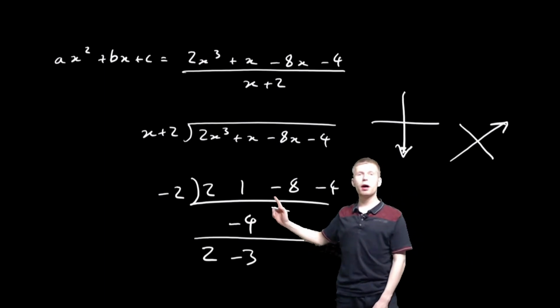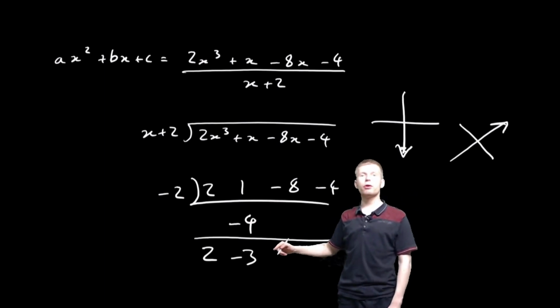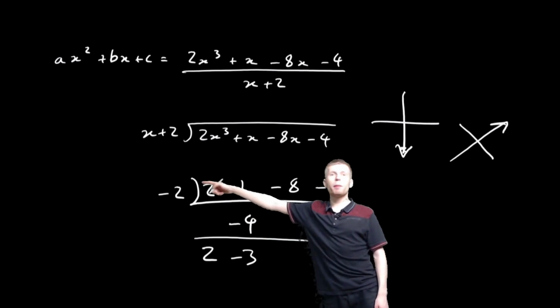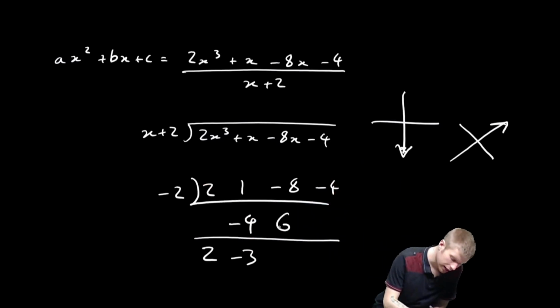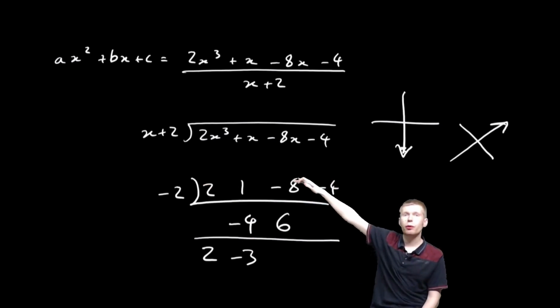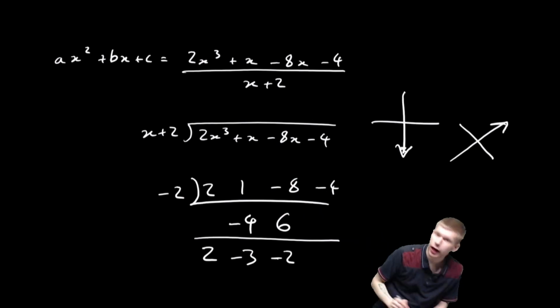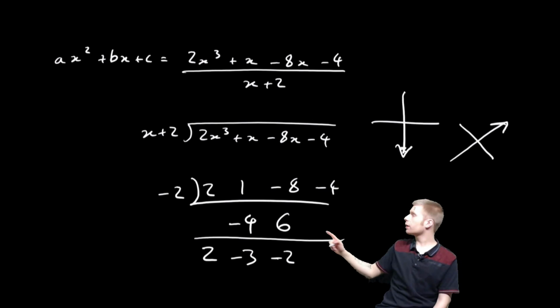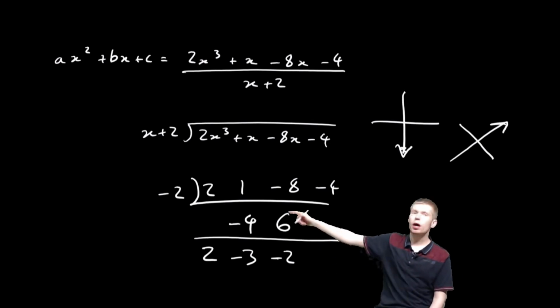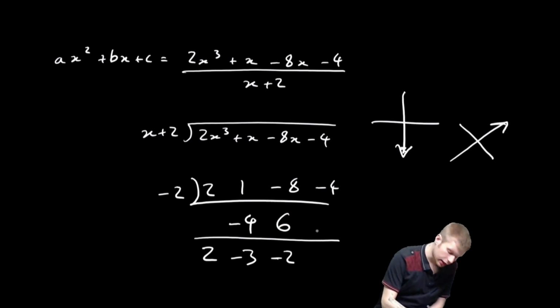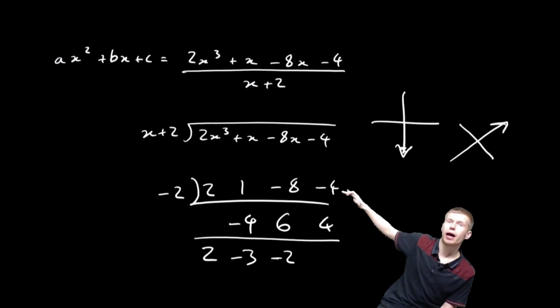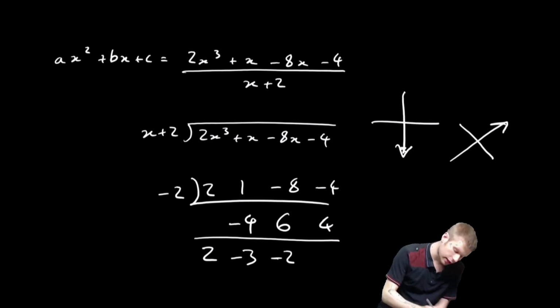Then negative 3 multiplied by negative 2 gives me 6. Going down, I add, minus 8 plus 6 gives me minus 2. Then multiplying by negative 2 gives me 4, and moving down, minus 4 plus 4 gives me 0.